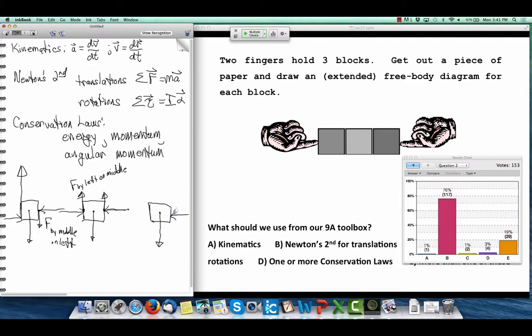And if I'm going to do that, whatever I do on the left one is equally true on the right one. It turns out in order to hold three of them up, which is not very hard, it'll be easier on you if you have your fingers down below the center of mass of the two.